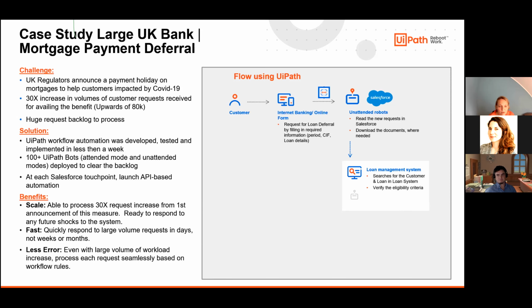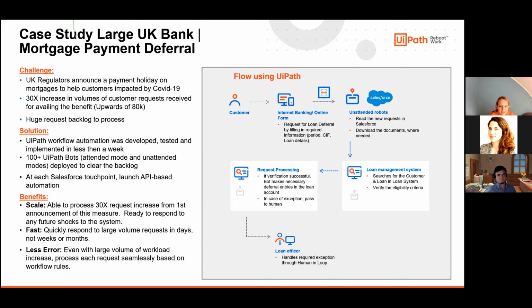It is verified whether this customer is really eligible for that deferral. And if the verification is successful, then the bot makes the necessary entries in the loan account. If there is a problem or an exception, then this will be handed over to a person who then handles the exception and makes the decision in this process.